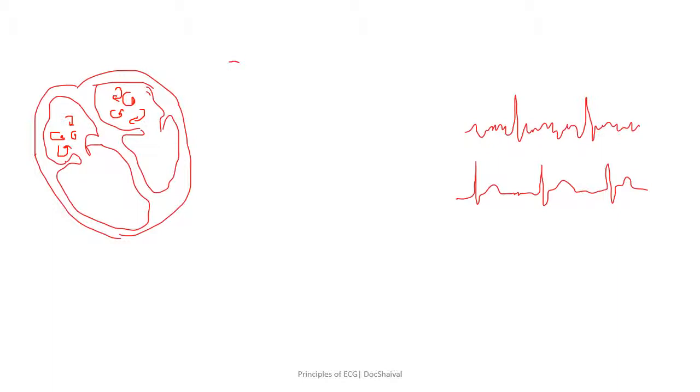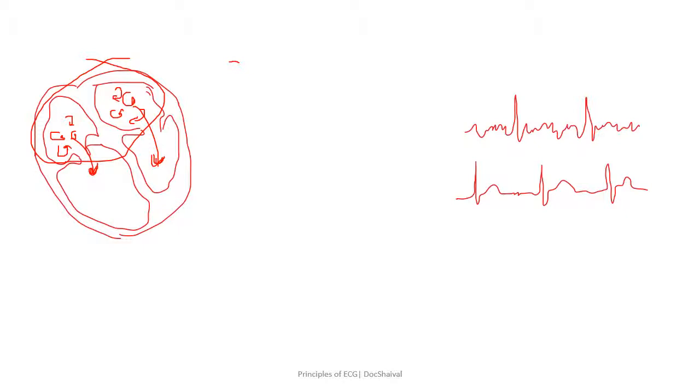This quivering causes an inefficient contraction and the loss of the atrial kick, the 25% or 30% of the blood entering the ventricle that produces the S4 sound. So that is lost in atrial fibrillation.